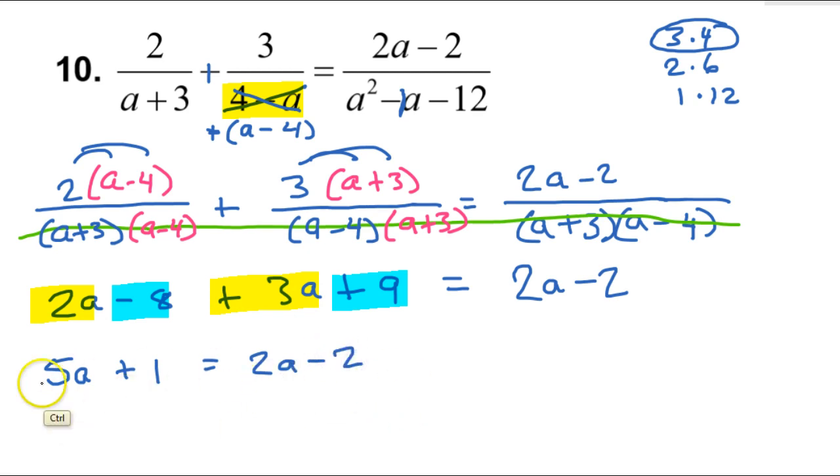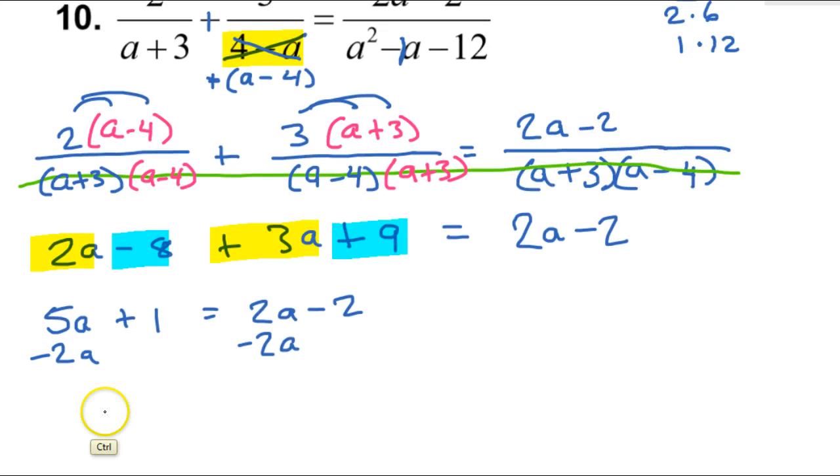Now, I need to get these like terms together, so I'm going to go ahead and subtract 2a from both sides. So that's going to give me 3a plus 1 is equal to negative 2. But at this point, I would then subtract 1 from both sides.